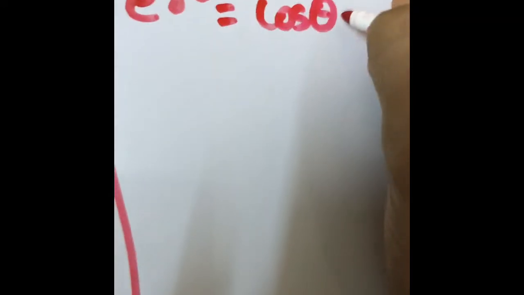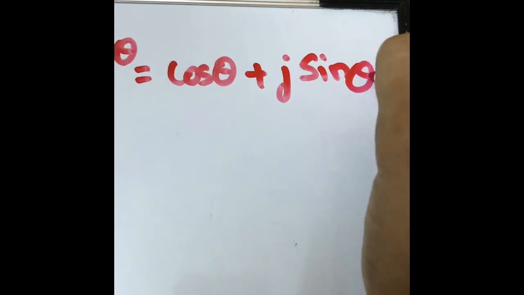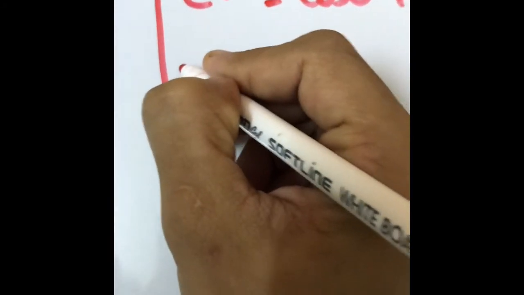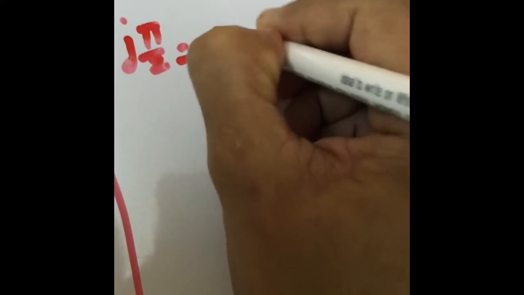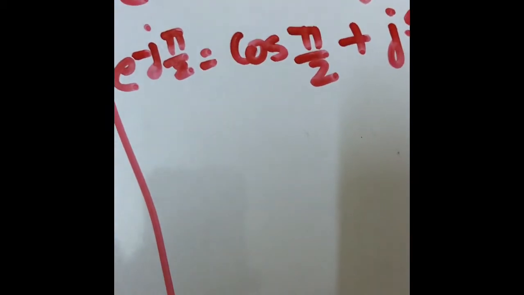If we are aware of the identity, e raised to j theta is equal to cos theta plus j sin theta, right. So e raised to j pi by 2 will be equal to cos pi by 2 plus j sin pi by 2.